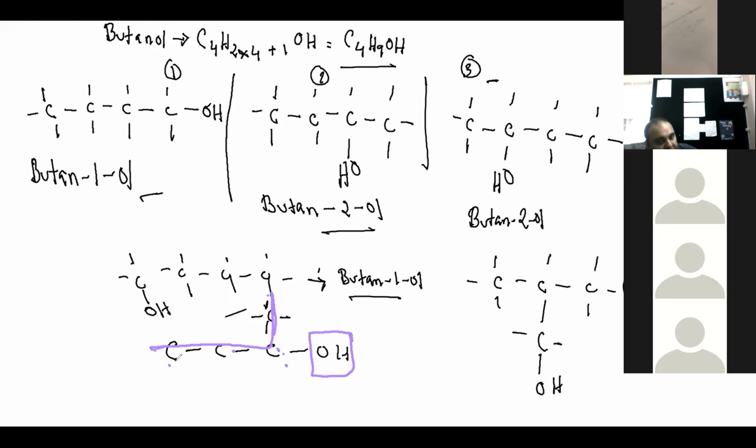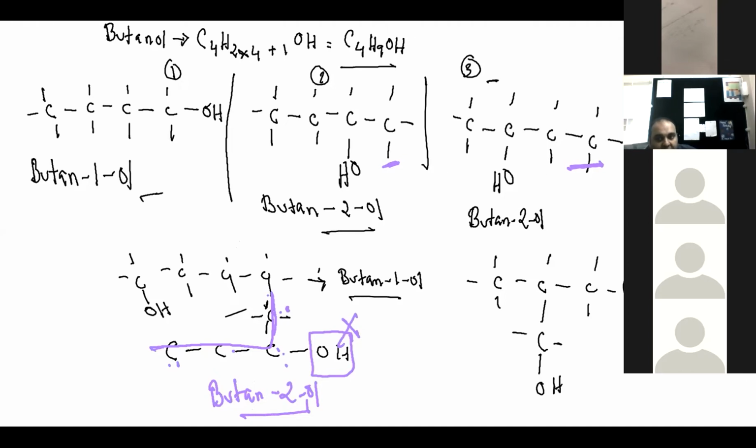Do you start numbering from the left hand side or from the right hand side? First carbon. You start numbering from the right hand side because this carbon is closest to this functional group. So your compound's name will be butan-2-ol. So this is exactly the same as this or this.